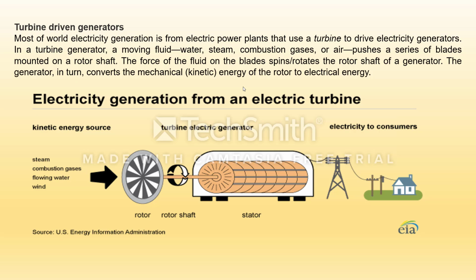Turbine-driven generators. Most world electricity generation is from electric power plants that use a turbine to drive electricity generators. You can see here, in a turbine generator, a moving fluid such as steam, gases, water, wind, pushes a series of blades mounted on a rotor shaft.